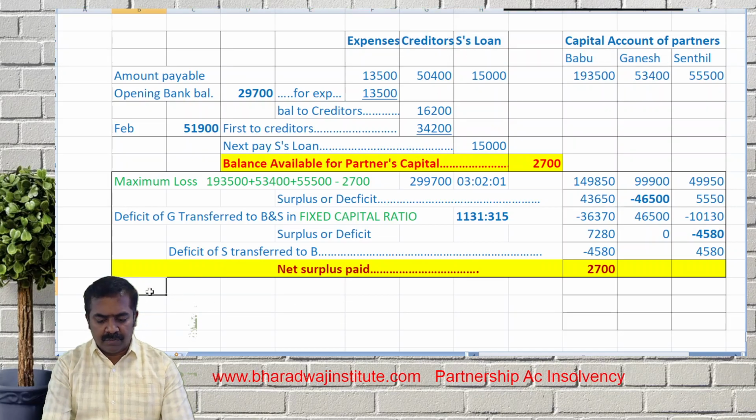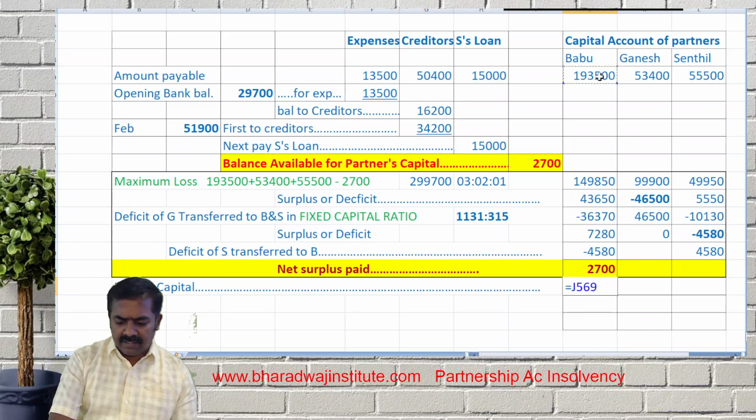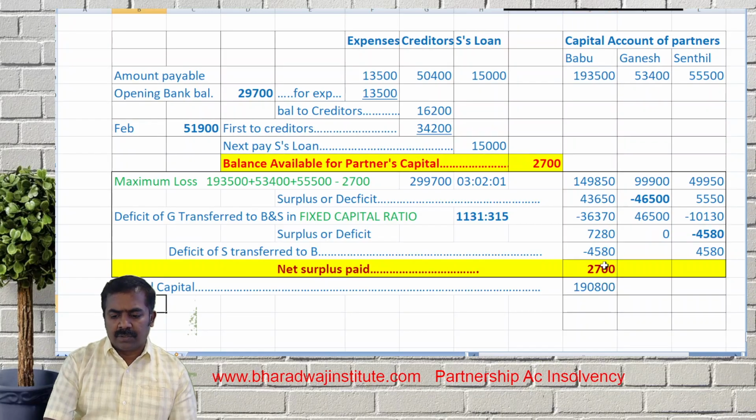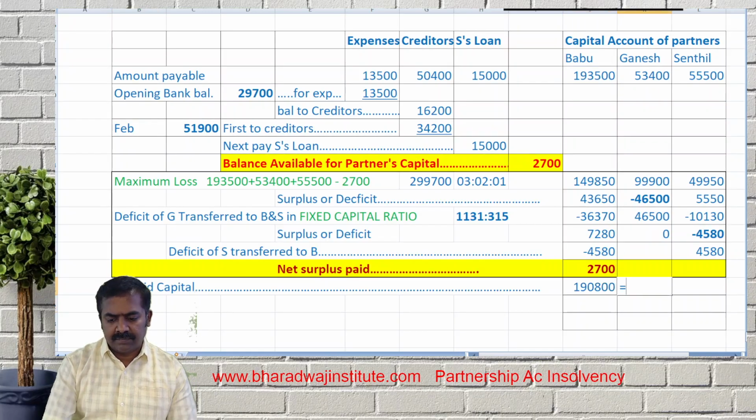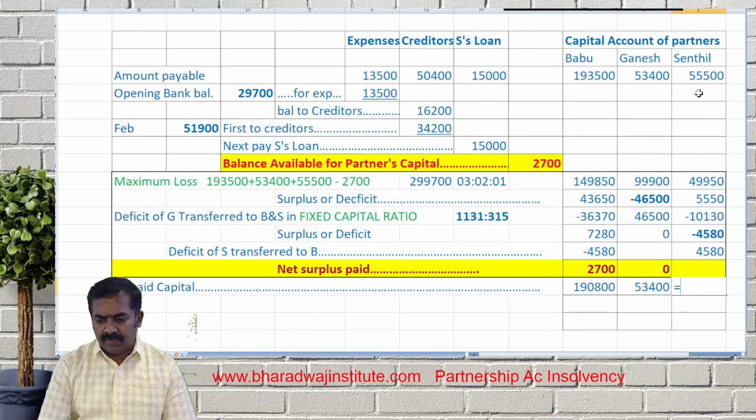Then we have to work out which one? Unpaid capital. Unpaid capital is nothing but previous balance minus this one. Previous balance 193,500 minus 2,700. 53,400 minus nothing is paid. 55,500 minus nothing is paid.